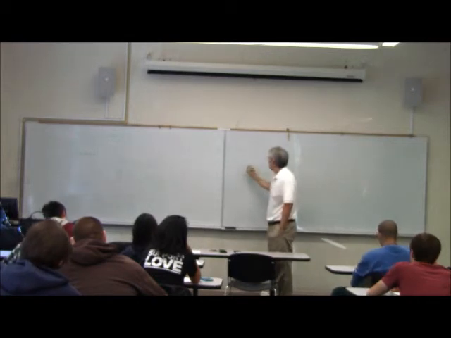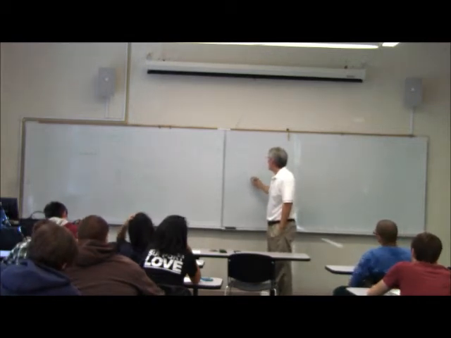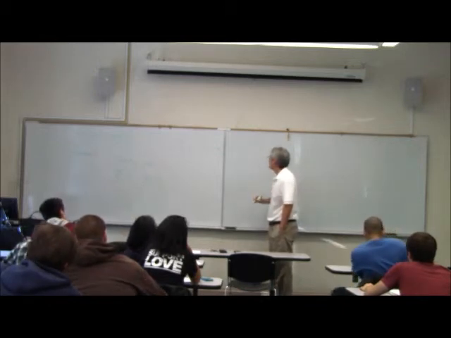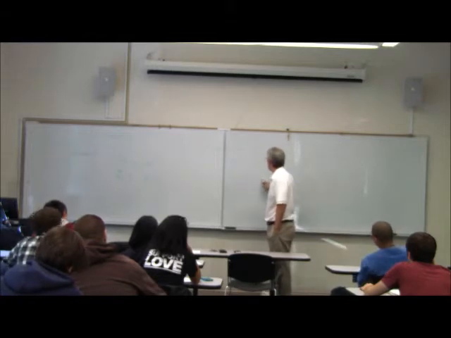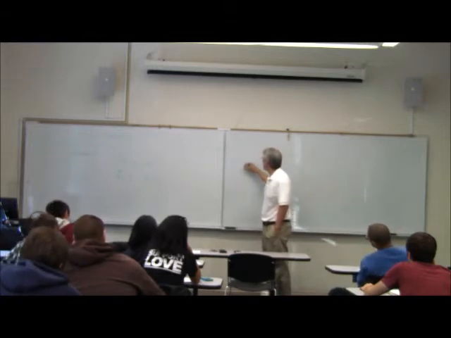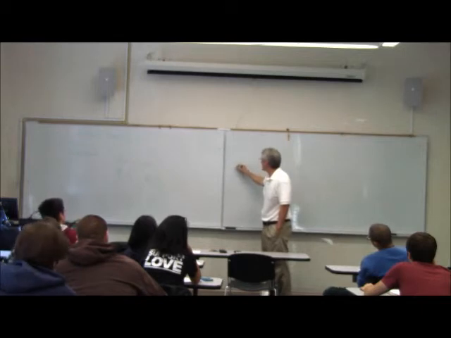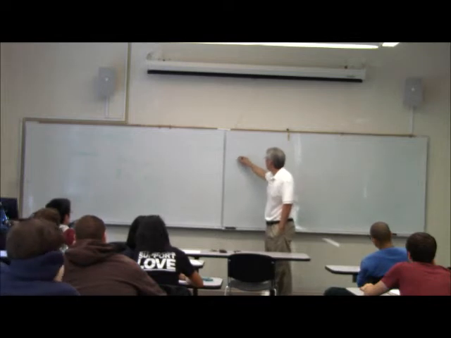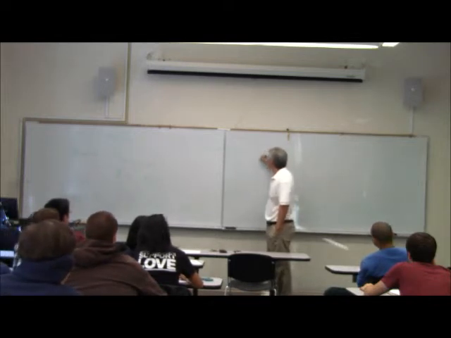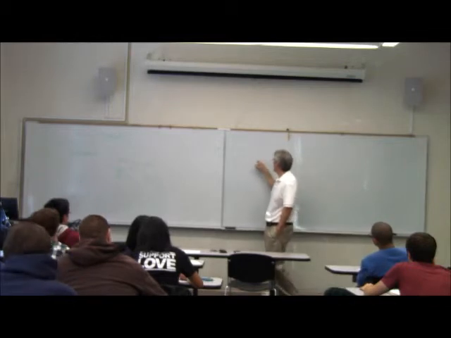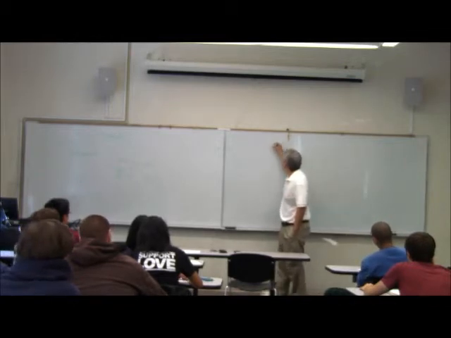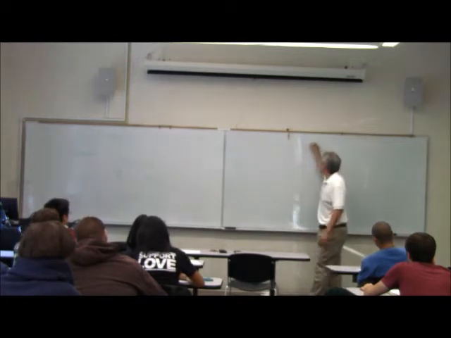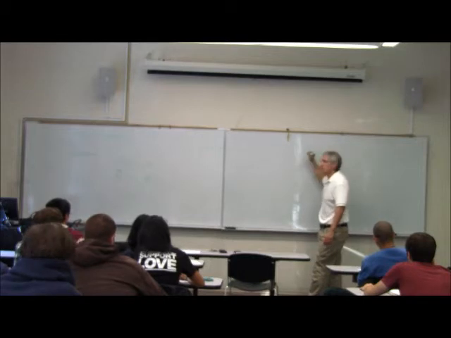If this is time, and this is x, and we have some boundary conditions, t1 and t2, and an initial value x1, which is x of t1, and another value, x2 at time t2. So x1 is equal to x at time 1, x2 is equal to x at time 2.